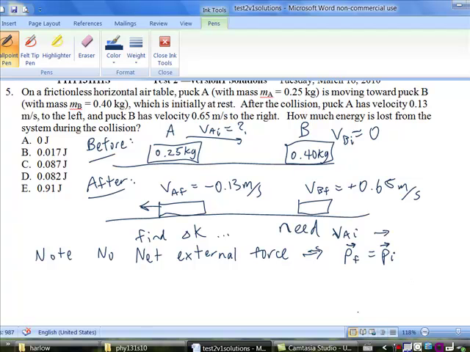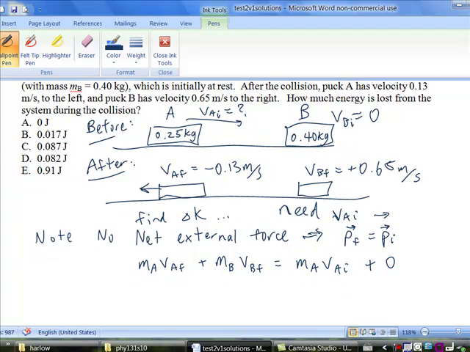So we're going to say P final is equal to m_A times V_A final plus m_B times V_B final, is equal to the initial momentum, which was m_A V_A initial plus 0, because puck B is at rest initially.